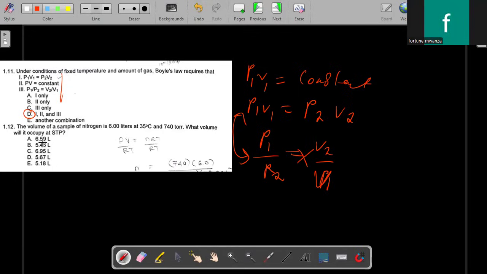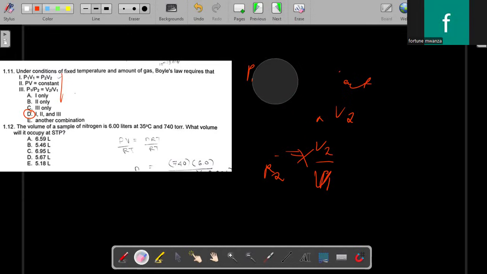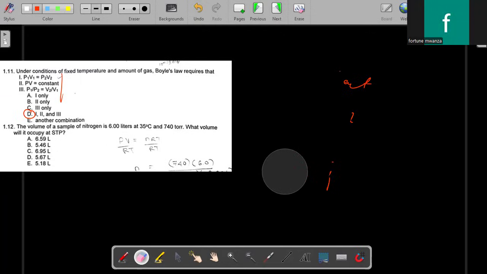Let's go to question number 12. The volume of a sample of nitrogen is 6 liters at 5 degrees Celsius and a pressure of 740 torr.